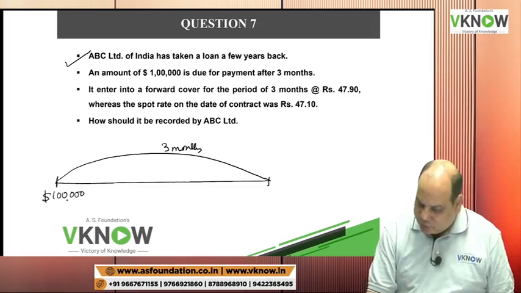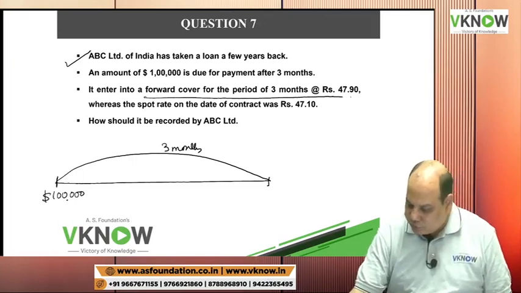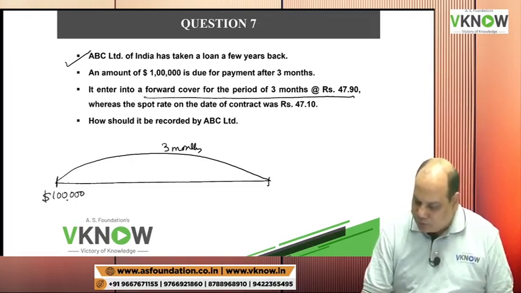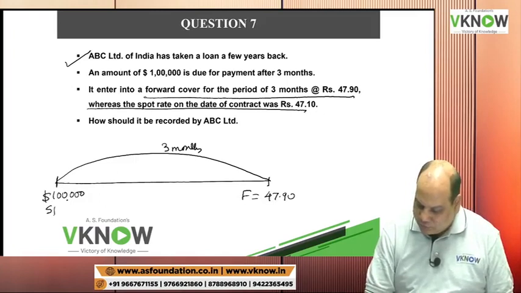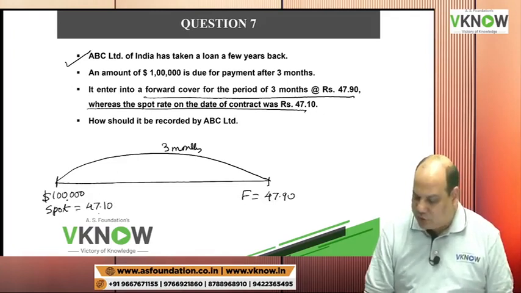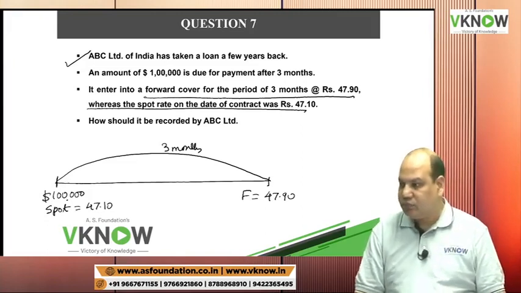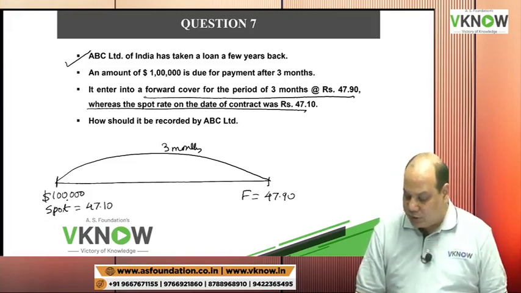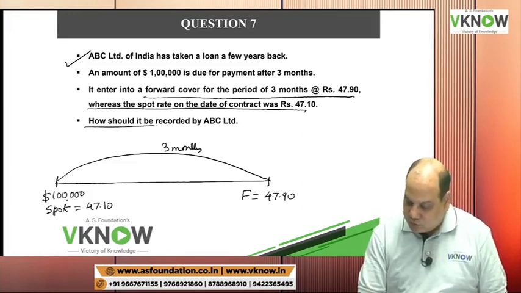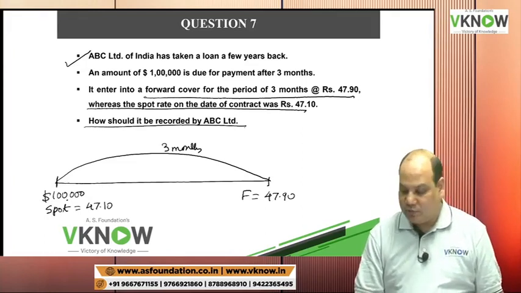It enters into a forward cover for a period of 3 months at 47.90, whereas the spot rate on the date of contract is 47.10. Where the spot rate is 47.10, how should this be recorded by ABC?